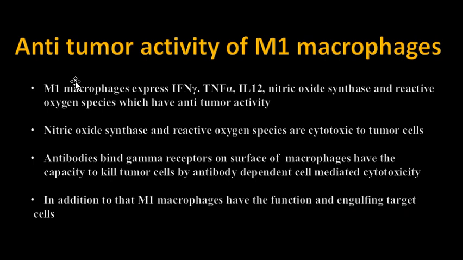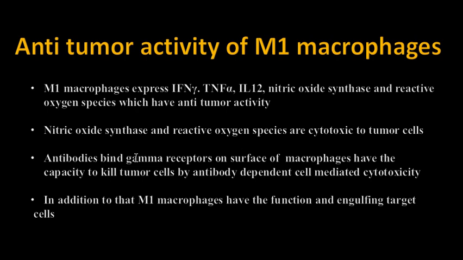Also, among anti-tumor cells, M1 macrophages have the capacity to kill tumor cells through their cytokines, interferon gamma, tumor necrosis factor alpha, interleukin 12, and some chemical intermediates, for example, nitric oxide synthase and reactive oxygen species, which have anti-tumor activity. Nitric oxide synthase and reactive oxygen species are toxic to tumor cells.